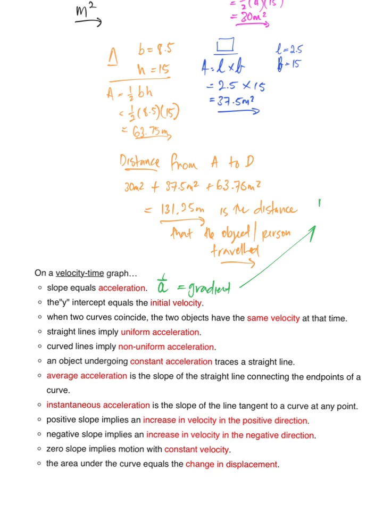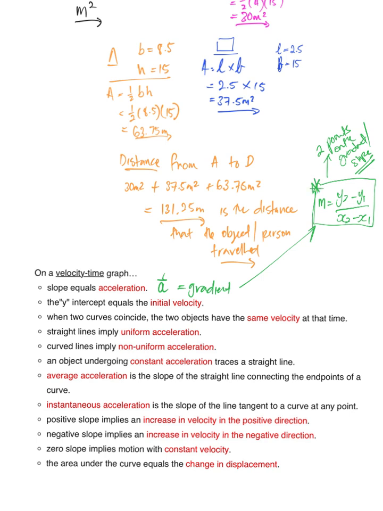I must remember that m is equal to y2 minus y1 all over x2 minus x1. To do that, we need to find 2 points on the gradient or slope. If I have those 2 points, I'll be able to work out the gradient, because that's a possible question that they can ask in exams.